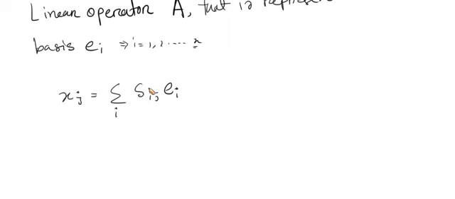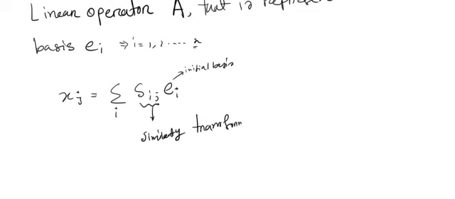So let's do that. This is our initial basis. Then we do this similarity transformation, and this is our new basis. And this new basis will be something in which we want our matrix to be diagonal. That is, when you use the new basis, our matrix elements will be diagonal.